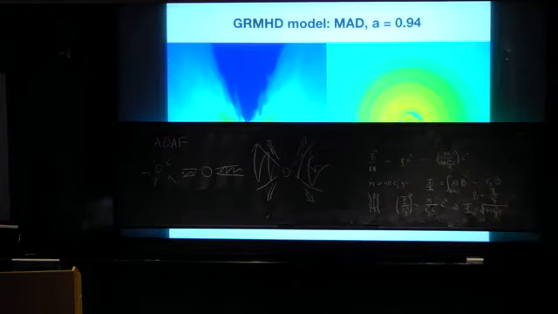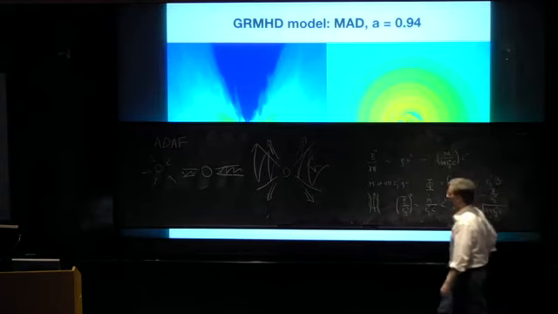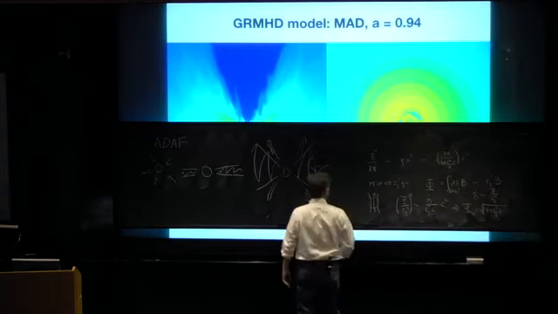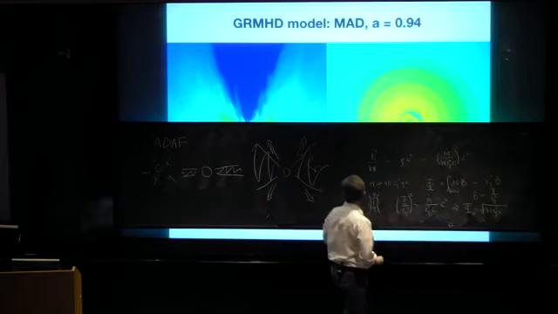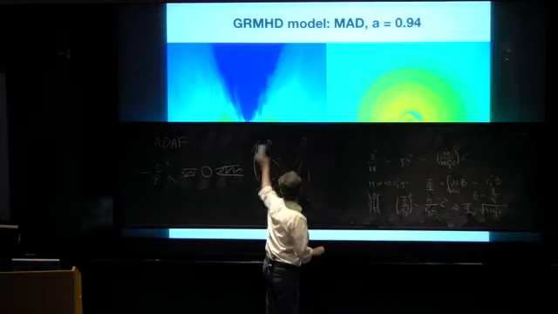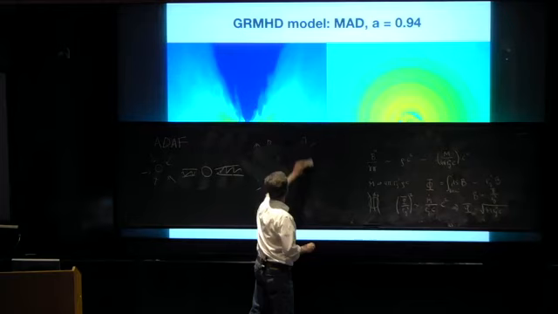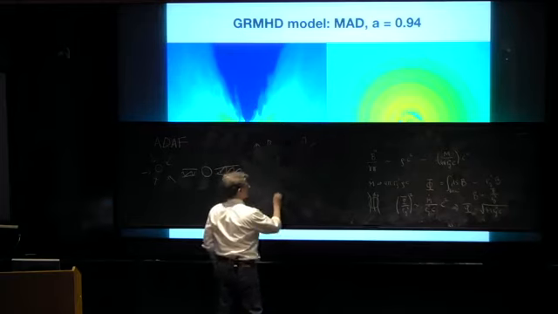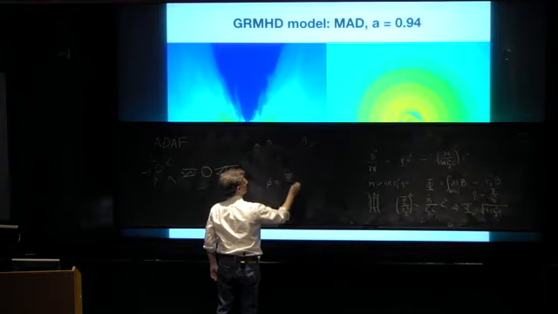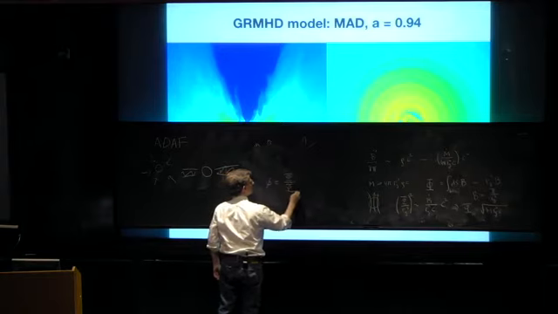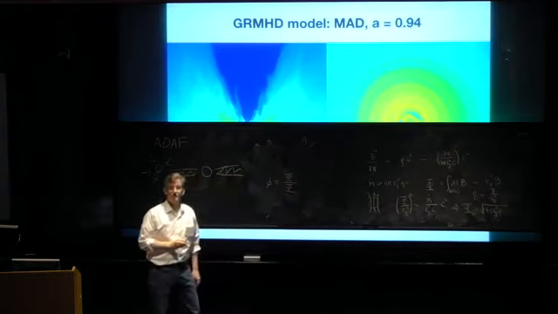And this leads us to define a dimensionless magnetic flux. And I'm running out of room here. A dimensionless magnetic flux phi, which is the actual flux over the critical flux.